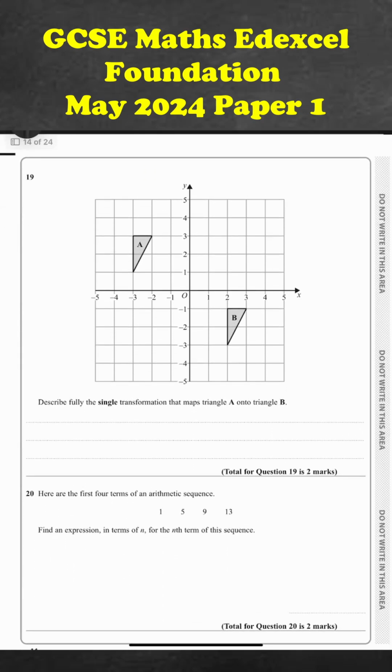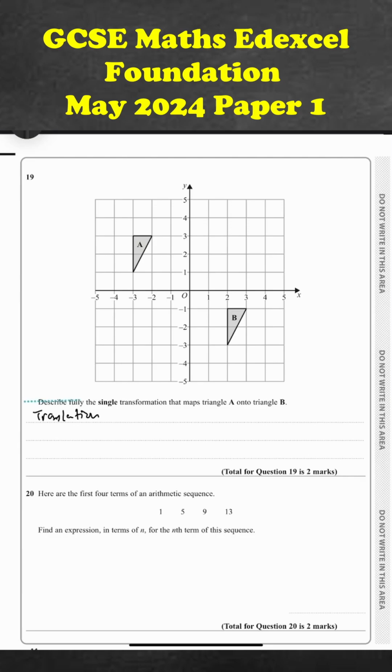Question 19. Describe fully the single transformation that maps triangle A onto triangle B. We can see this isn't a reflection, this isn't a rotation, the shape is still in the same orientation it was at the start, which means this is going to be a translation. So it's a translation, and that just means we're moving it.